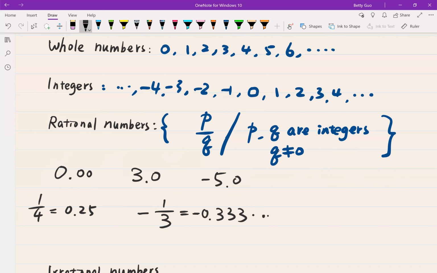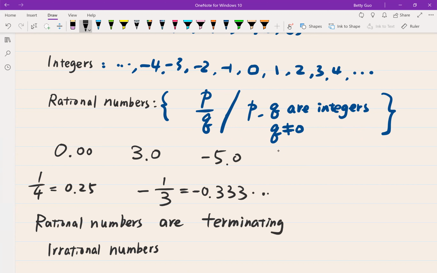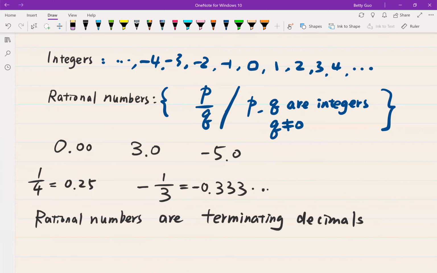So let me write here, rational numbers include terminating decimals.